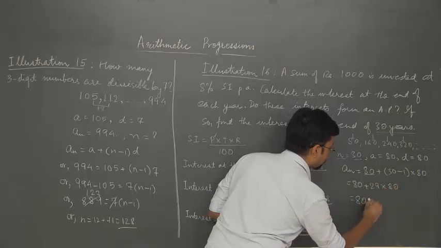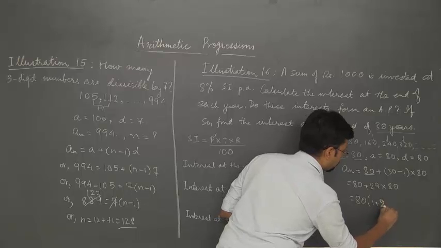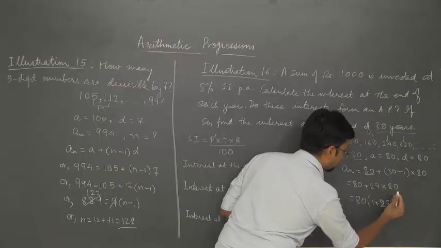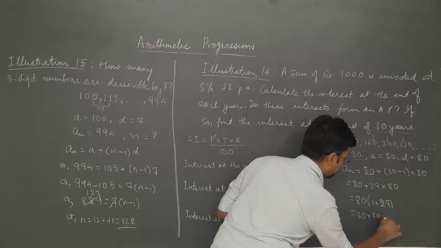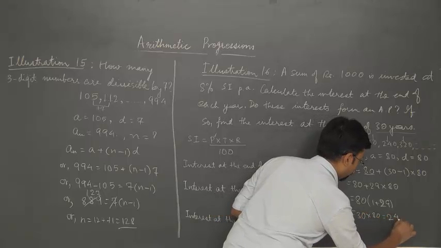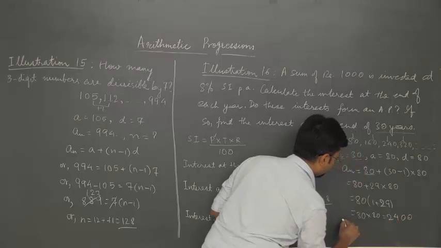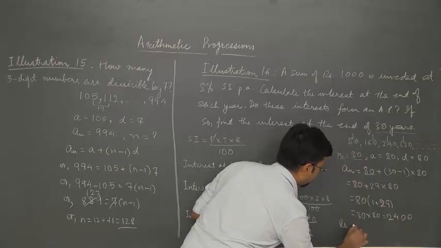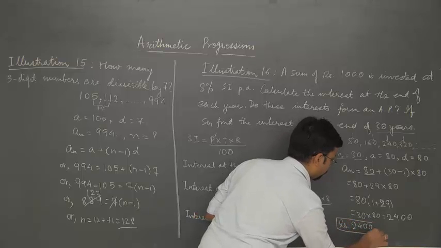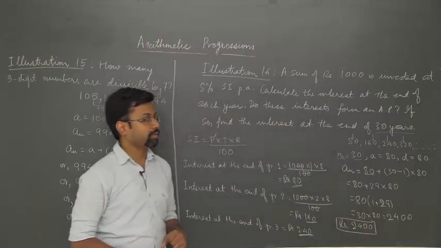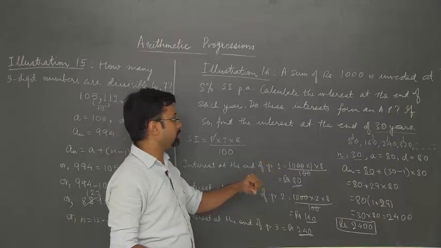We take 80 as common, so it will be 1 plus 29, that's 30 into 80. That's 2400. So the interest at the end of 30 years will be rupees 2400.